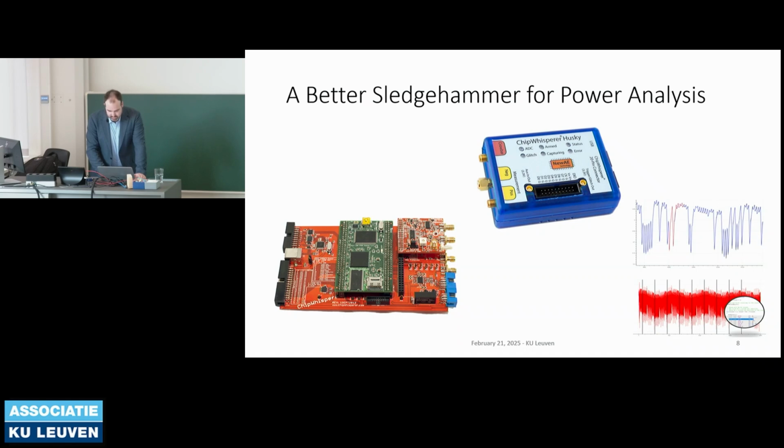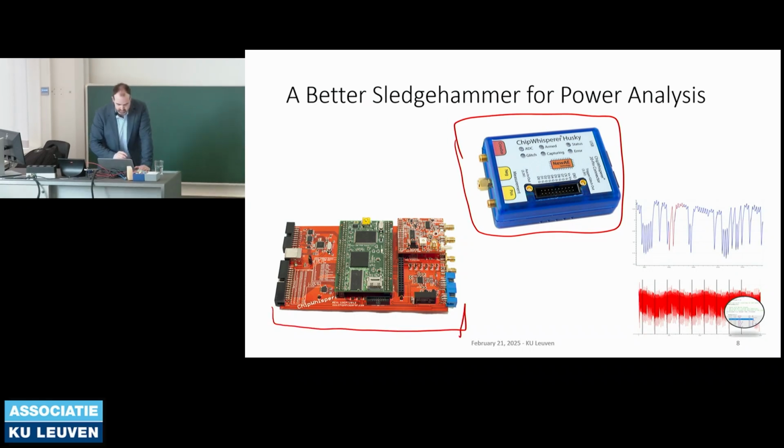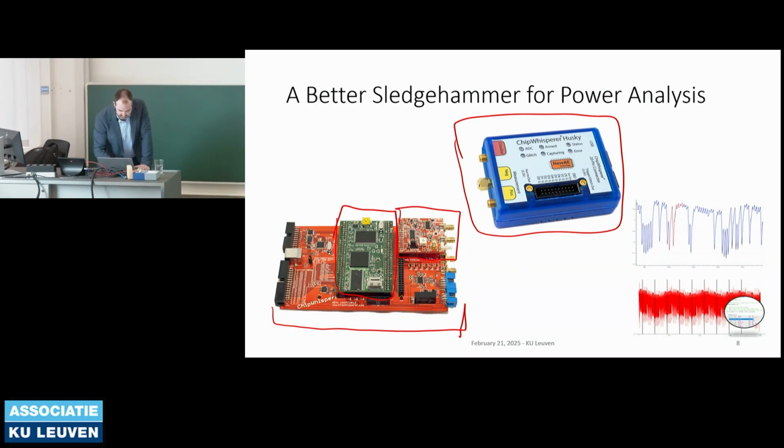Okay, so back to the point of this, a better sledgehammer. What I'm using here is this ChipWhisperer Husky, which is a later version of some of my initial tools. The original ChipWhisperer design used an FPGA board here, and this FPGA board had some analog-to-digital converters connected to it.